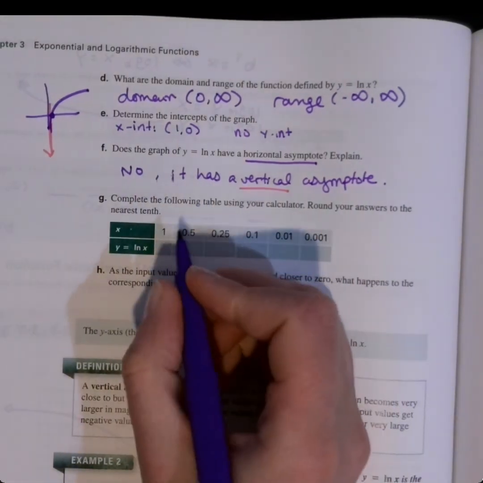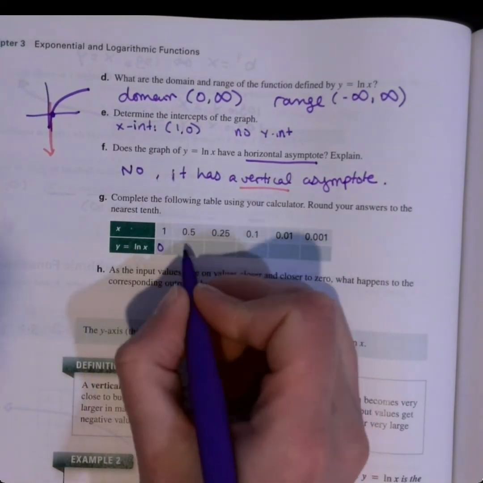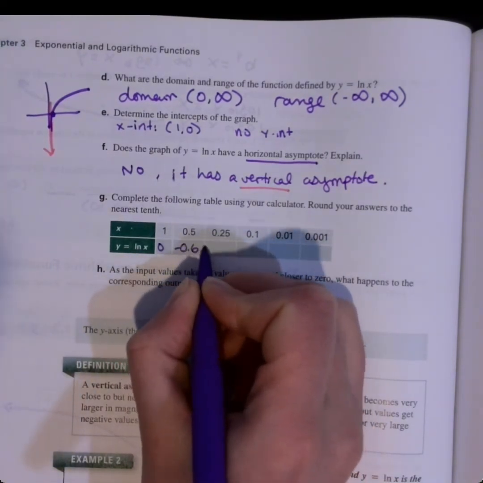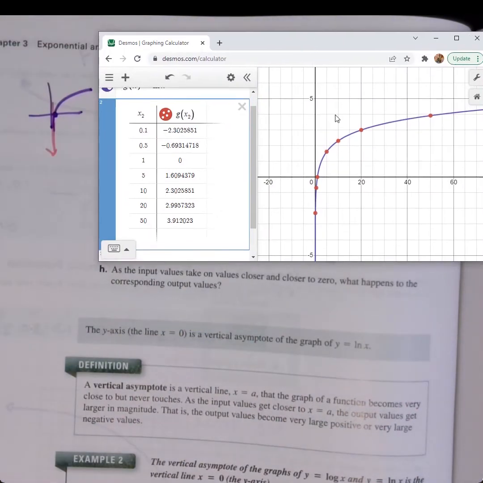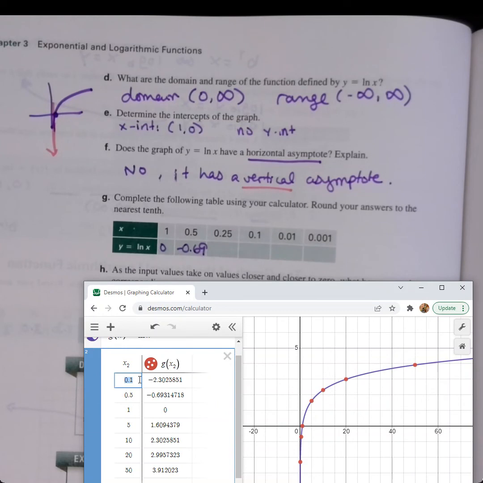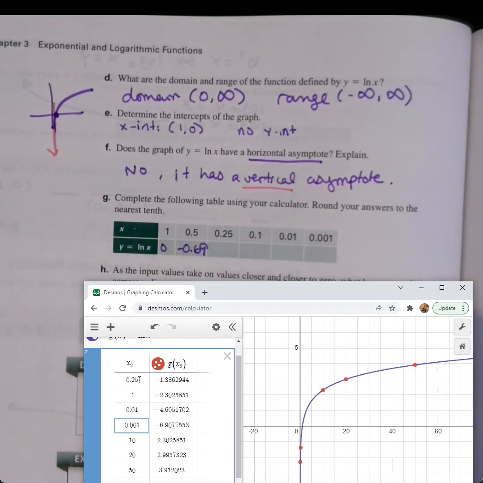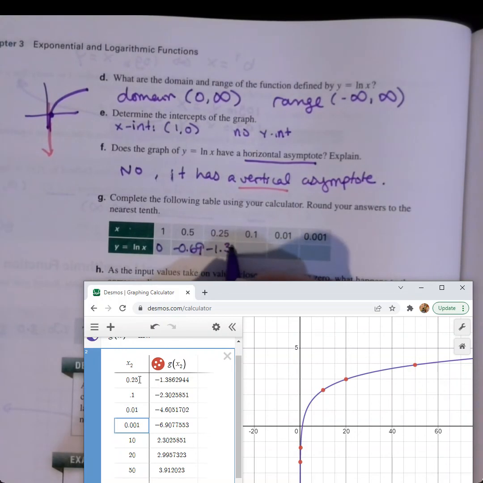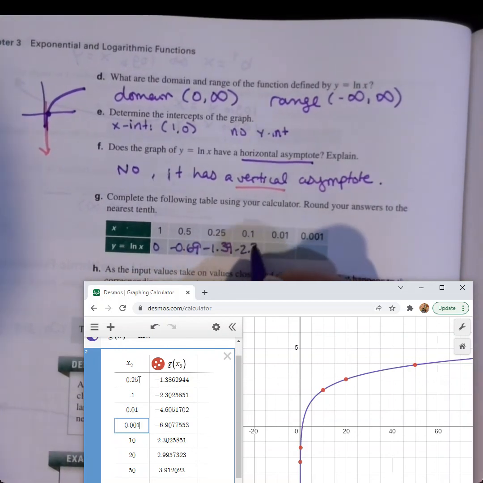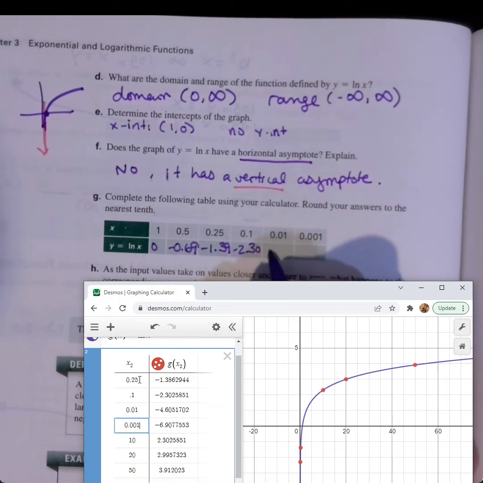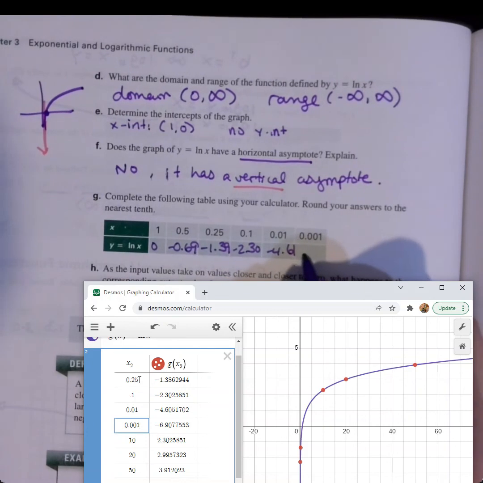So 1, 0, then 0.5, negative 0.69, and I have to put in some new ones: negative 1.39, negative 2.30, negative 4.61, and negative 6.91.